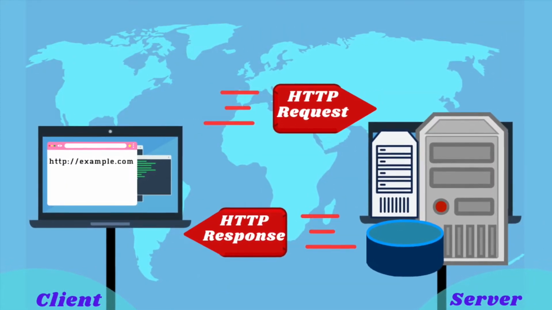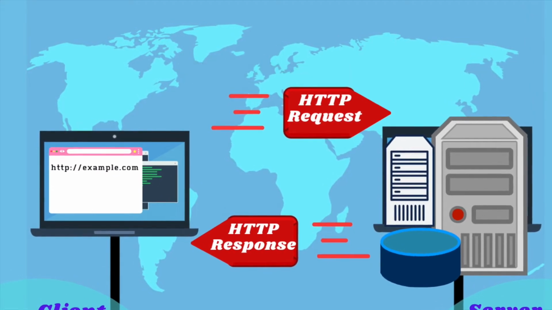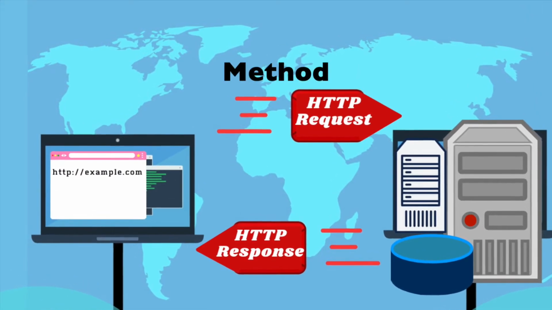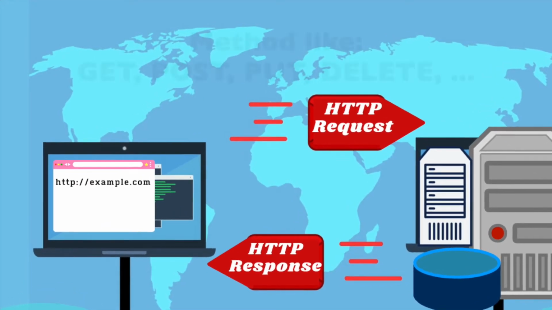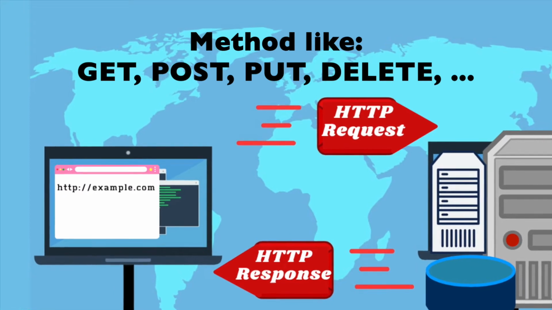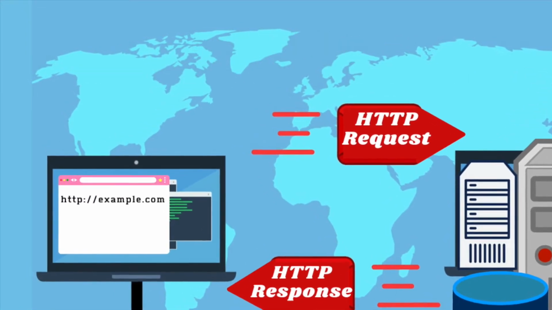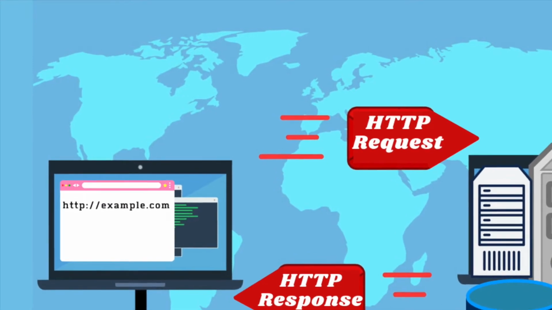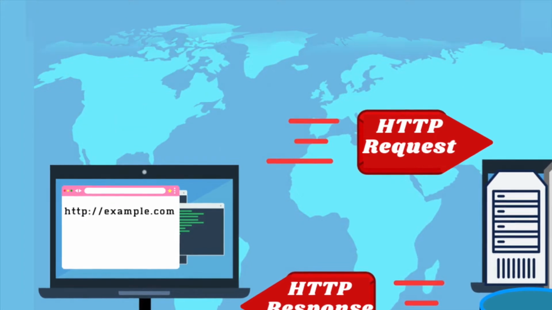A typical HTTP request contains the HTTP version type, URL, method, headers, and body. The method attached to it indicates the action that the request expects from the server. Two of the most common HTTP methods are GET and POST.